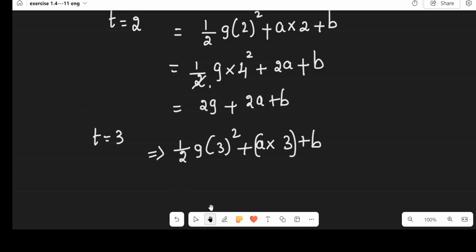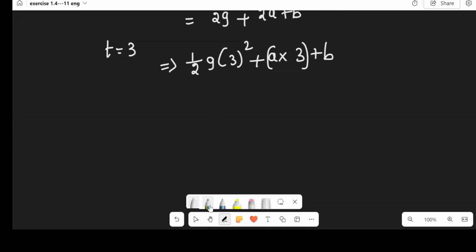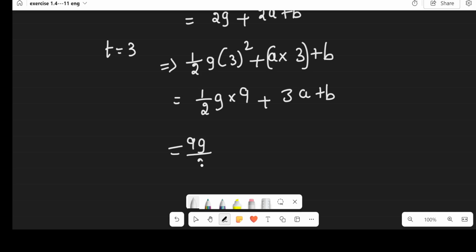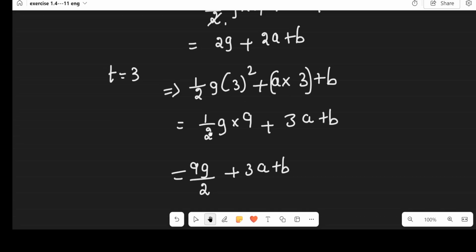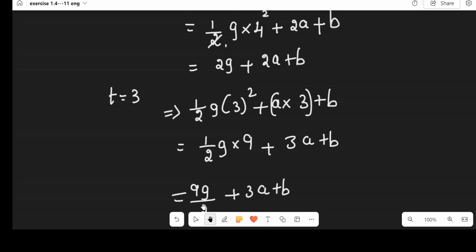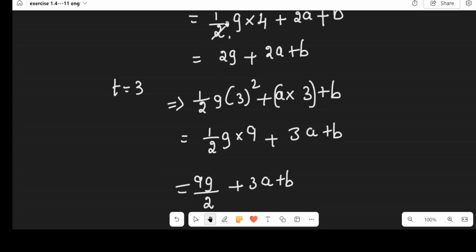Then 1 by 2 into g into 9, 3 3s are 9, plus 3a plus b. 9g divided by 2 plus 3a plus b. This is the third answer. Okay, this is also a different one. This differs from the other values.